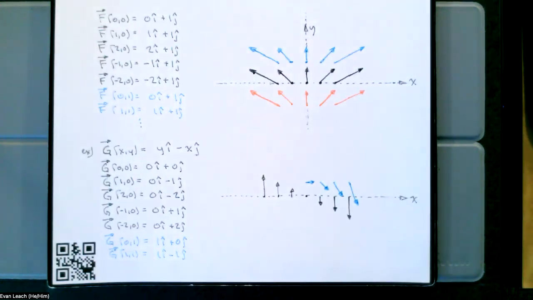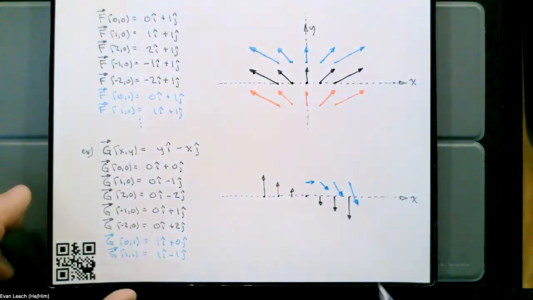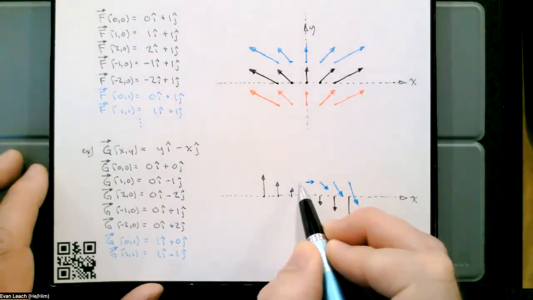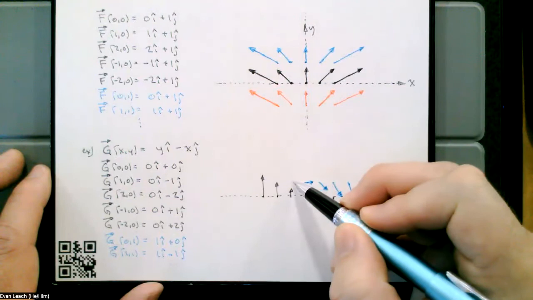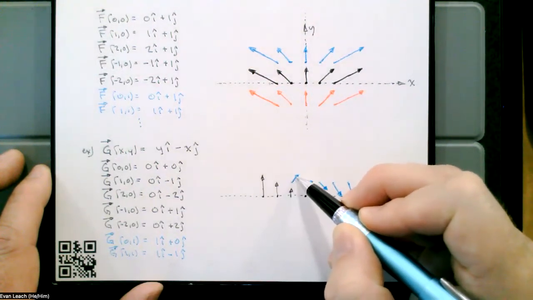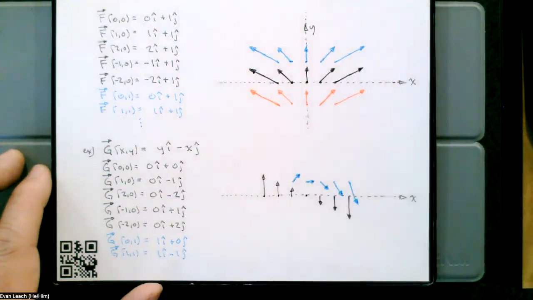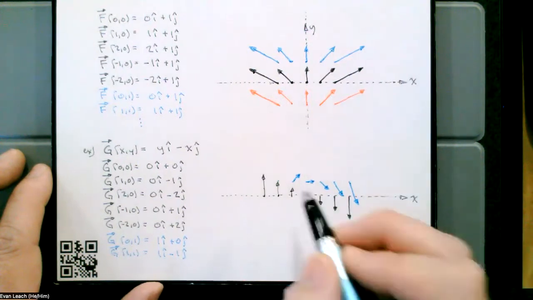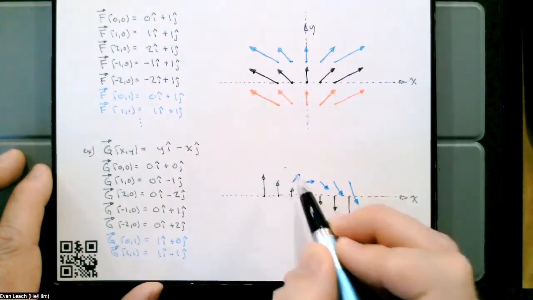I'm going to maintain this 1i movement, but my j movement is going to go the other direction. So at negative 1, 1, I'll have 1i minus a negative 1j. So it'll kind of be pointing this way. Then at negative 2, I'll have 1i and 2j.